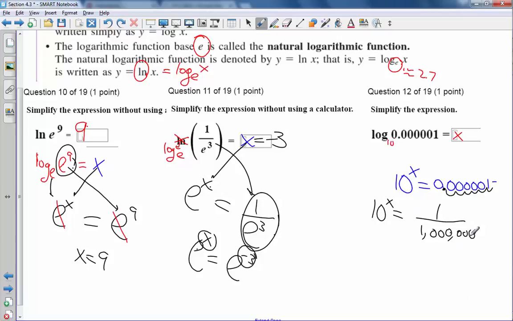Then add that many zeros after the 1. 1 over 1 million is that number. And then 1 million means 10 multiplied 6 times. Because if I multiply 10 3 times, it's 1,000. 4 times, 10,000, 5 times, 100,000, 6 times, 1 million. 10 to the 6. And then flip this just like you did here. X equals negative 6.